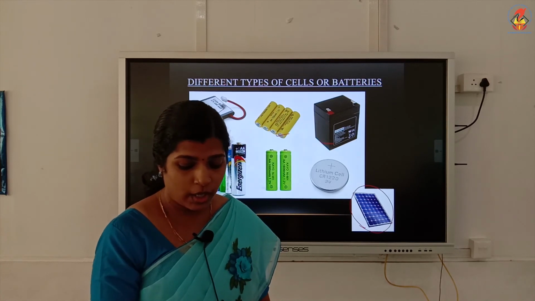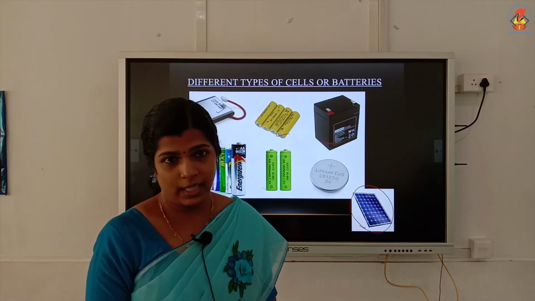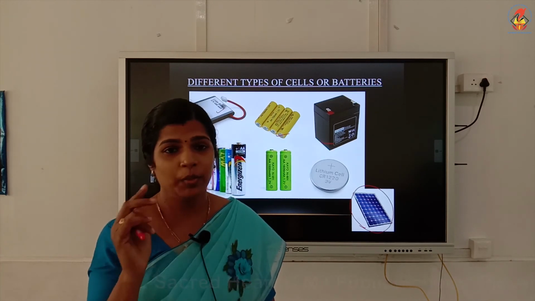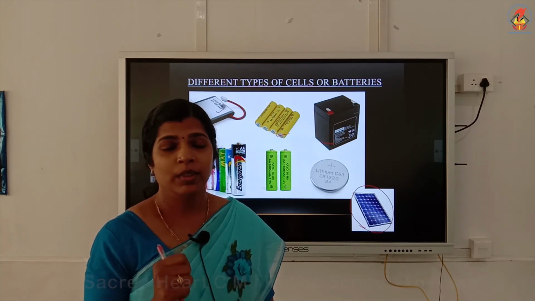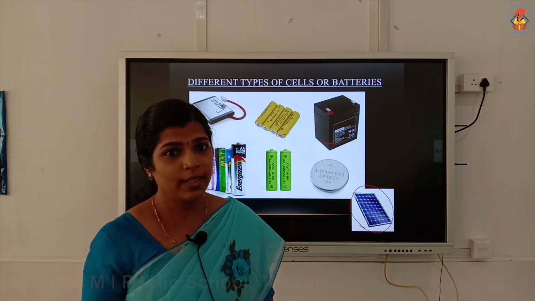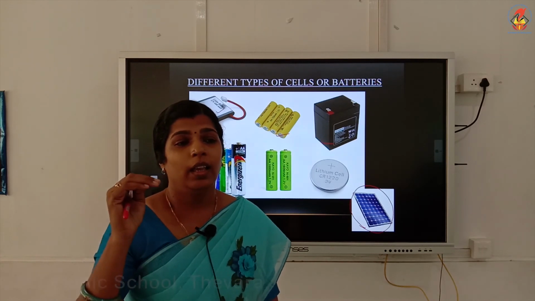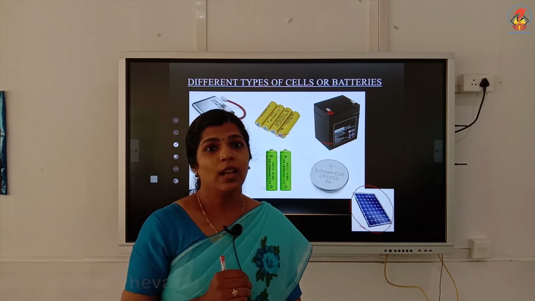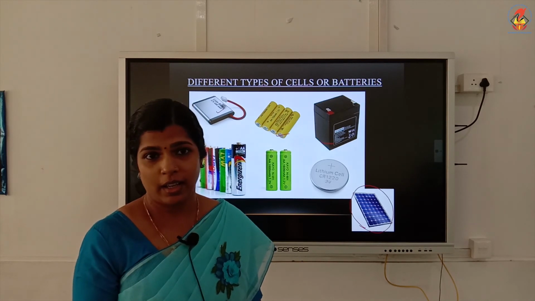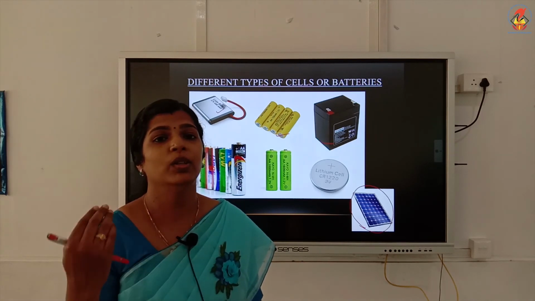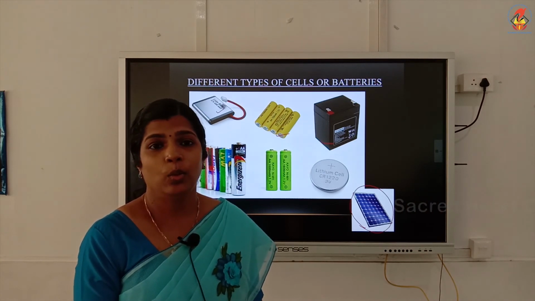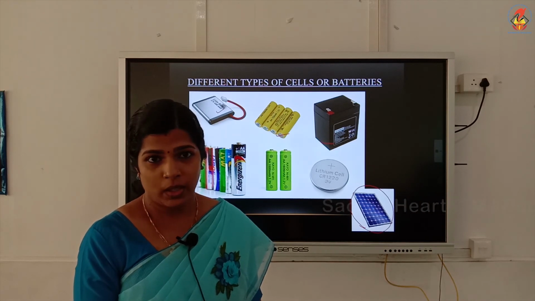Okay. So, that is about the electric cell. It consists of 2 terminals, a positive terminal and a negative terminal. The positive terminal is a metal cap, the negative terminal is a metal disc. Chemicals will be stored inside the cell and that chemical energy will be converted to electrical energy when you connect a cell to a bulb using wires.